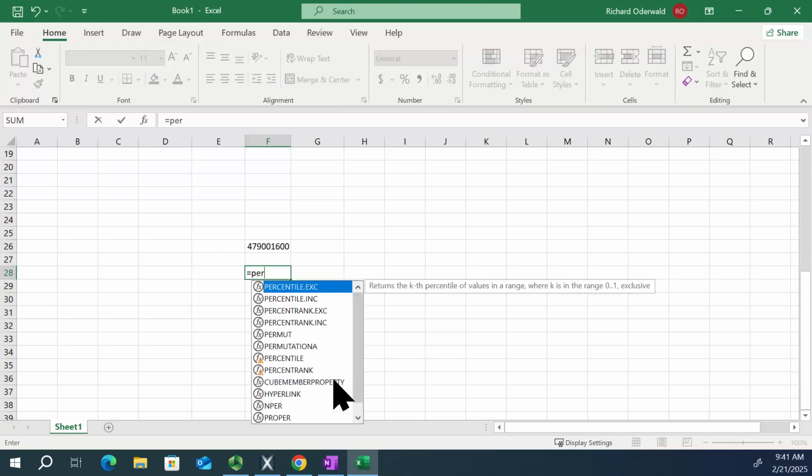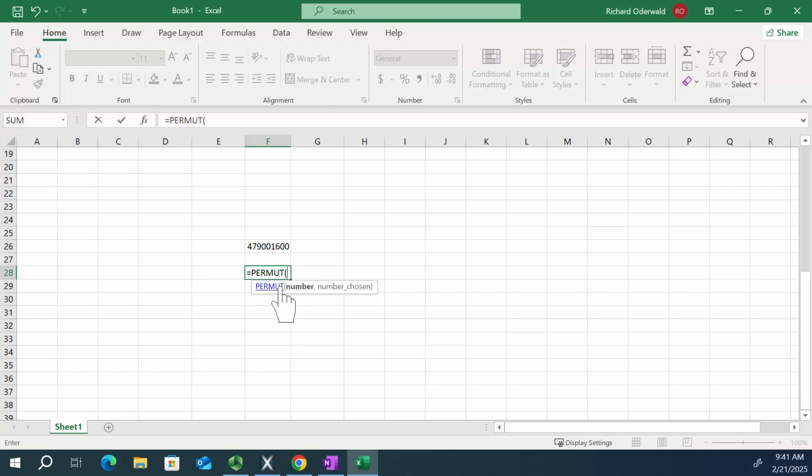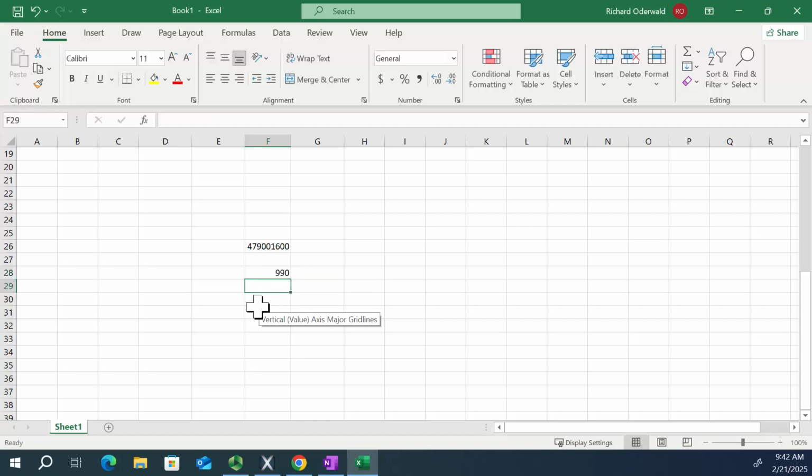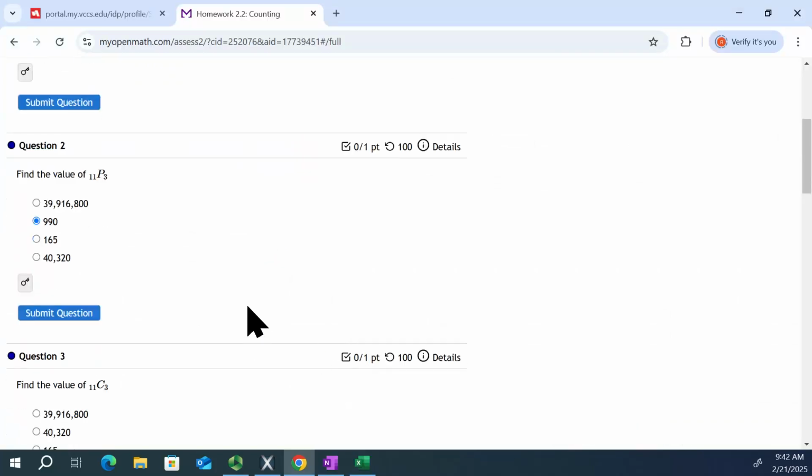Equals PERM, and it comes up permute. The number, which in this case is 11, and your homework is going to look different. It's got different numbers. Mine's going to be 11 and 3, 3 things taken out of 11. And there is 990 on mine.